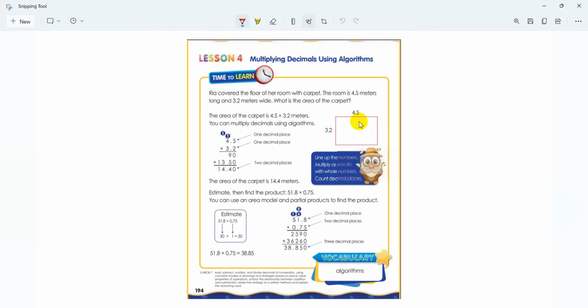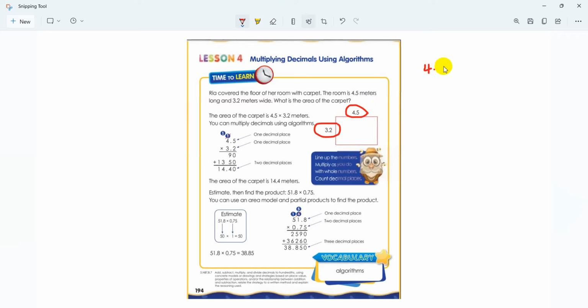To find the area of the carpet, look at the picture here. We have the dimensions 4.5 and 3.2, and this rectangular shape, so we will multiply 4.5 by 3.2.